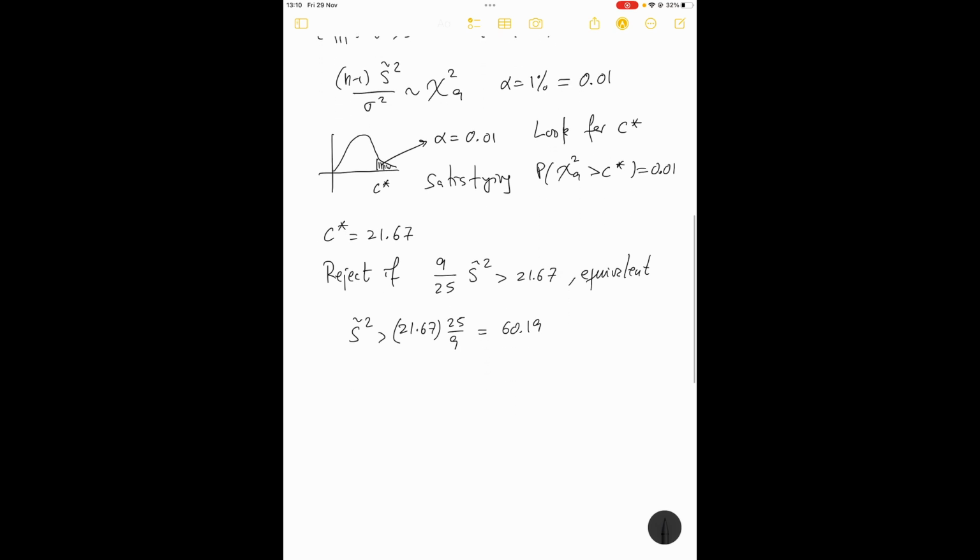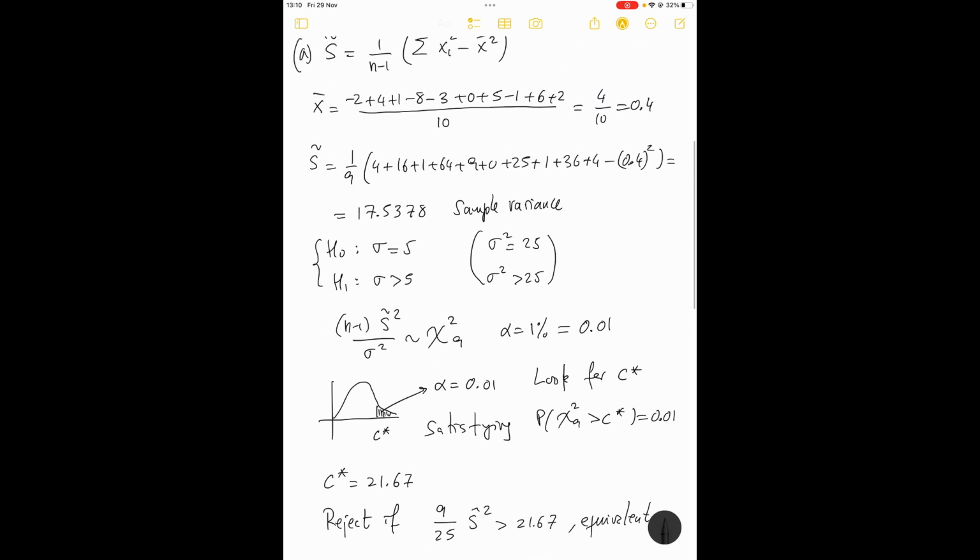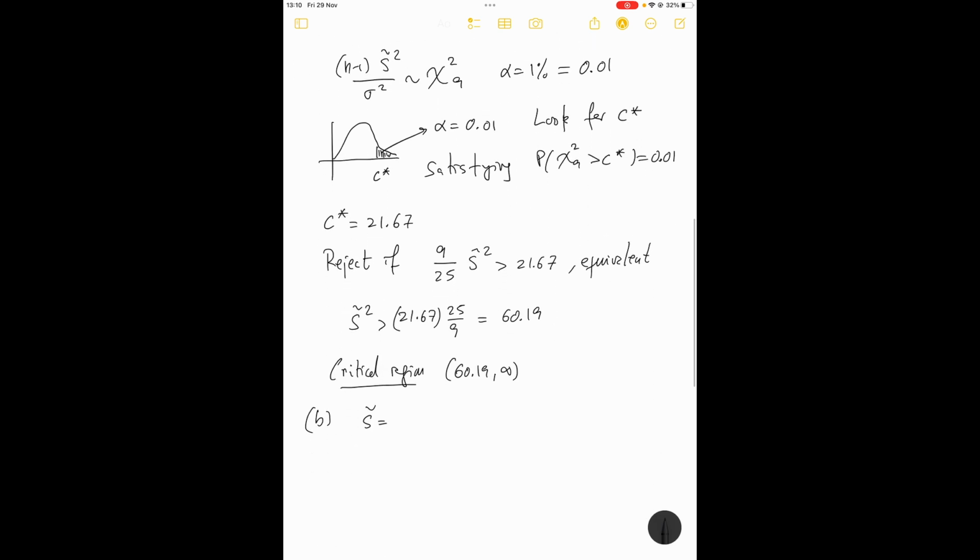So the region of rejection, or the critical region, is from 60.19 up to infinity. In our case, the S tilde we computed above was something like 17.5378, which is less than 60.19, so we do not reject.